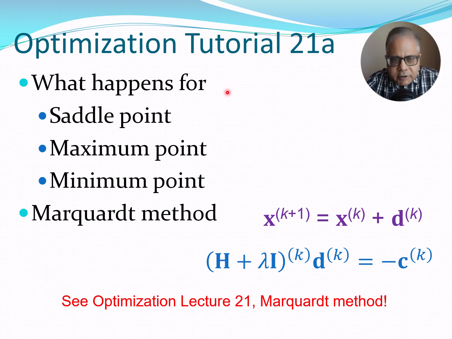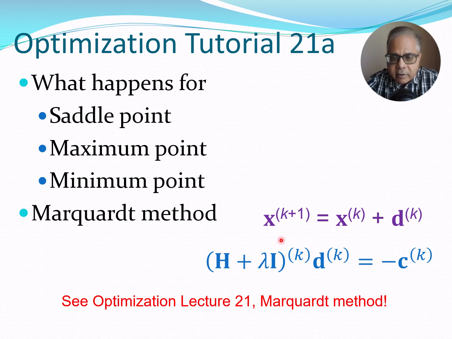So we are going to specifically look at saddle point, maximum point, and minimum point. We are going to devise a very simple function for each of these cases and look at what happens with this function. We are going to make use of the Marquardt method, which we just studied in the previous tutorial, that is tutorial 21. Make sure you look at optimization lecture 21 for the Marquardt method.